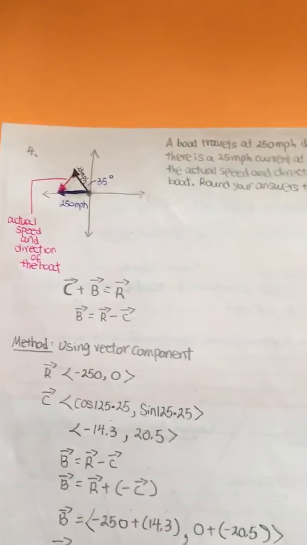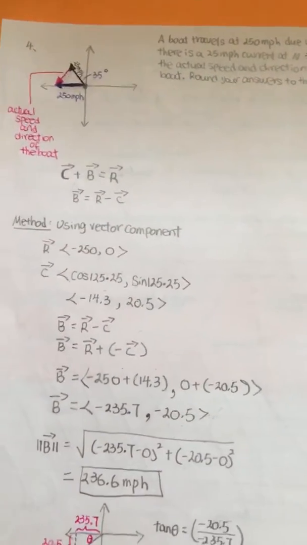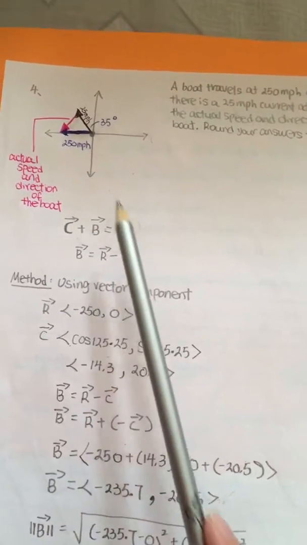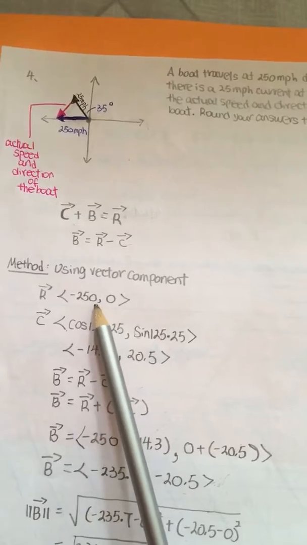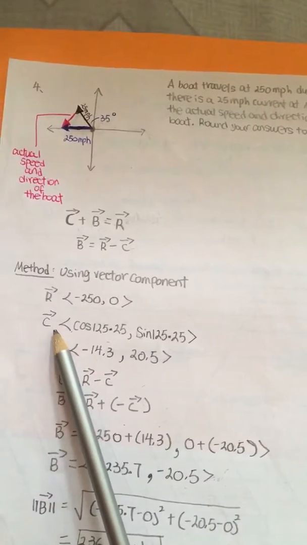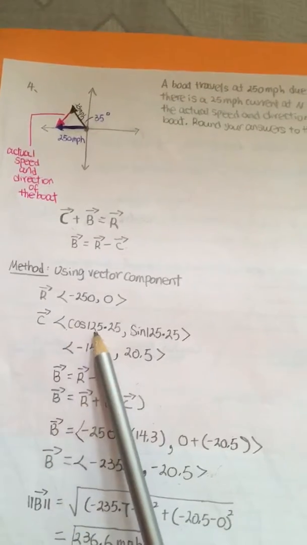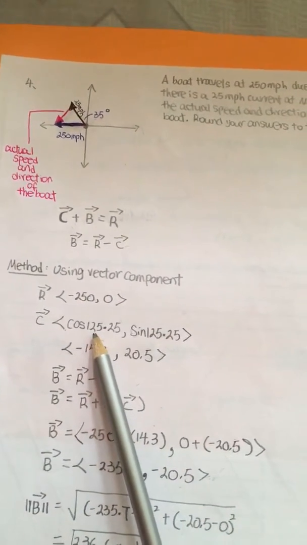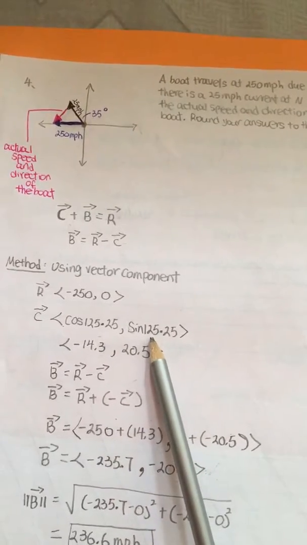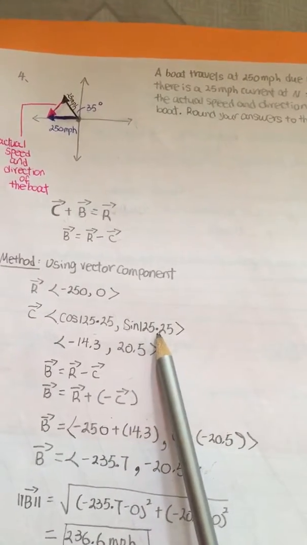So my approach to this question was to use vector components. To write R, it's pretty simple because it's just negative 250 comma 0. To find the vector components for the current, I did cosine 125 times 25, and then the y component is sine 125 times 25.